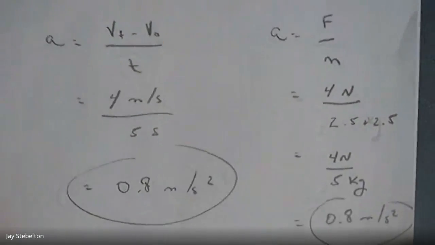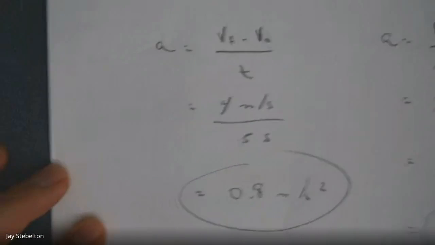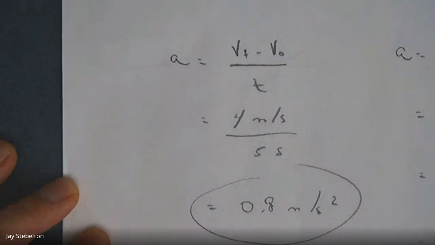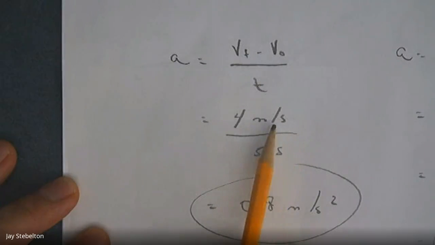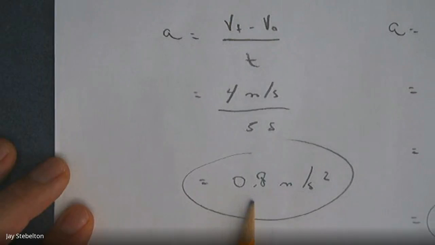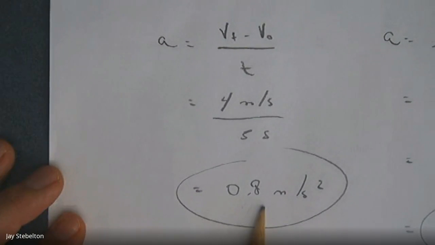You can solve for acceleration a couple of ways. Okay, starting with this one over here, the original acceleration formula, Vf minus V naught over T. Vf was 4 meters per second minus 0 divided by a time of 5 gives us an acceleration of 0.8 meters per second squared.